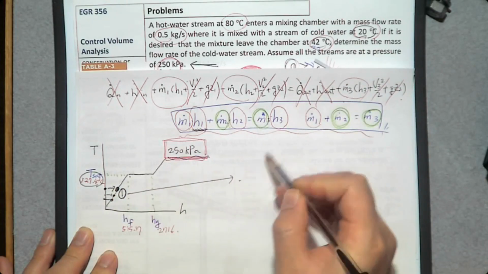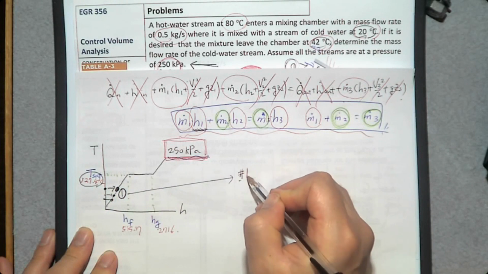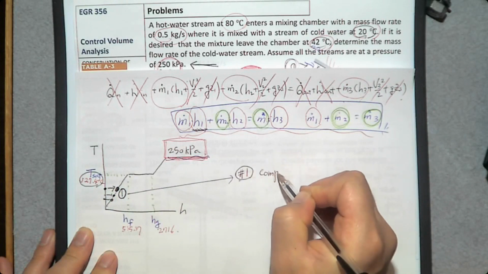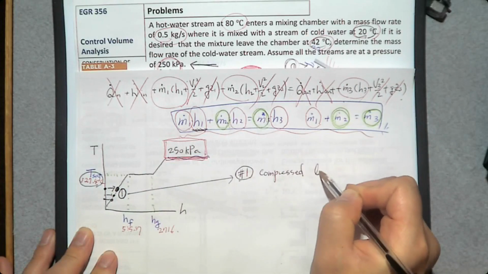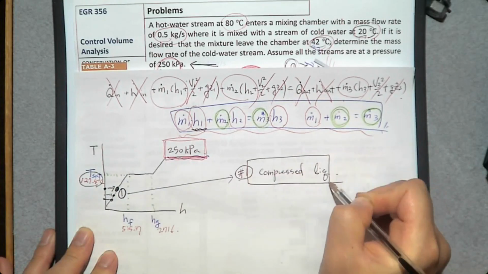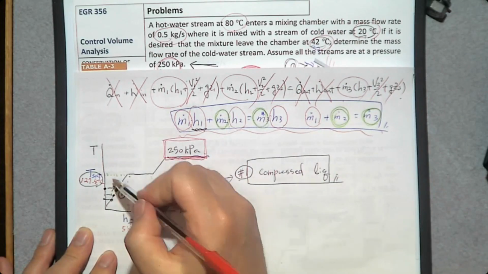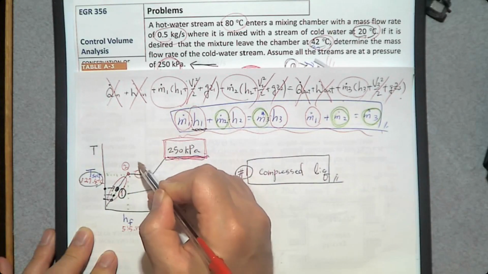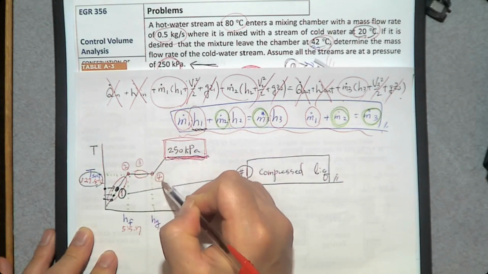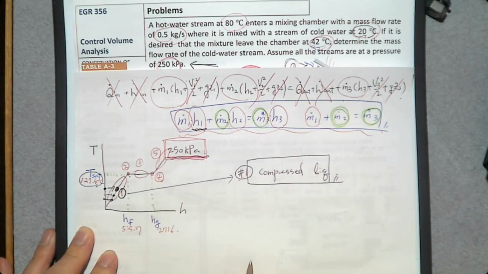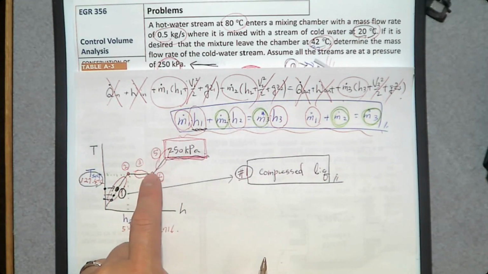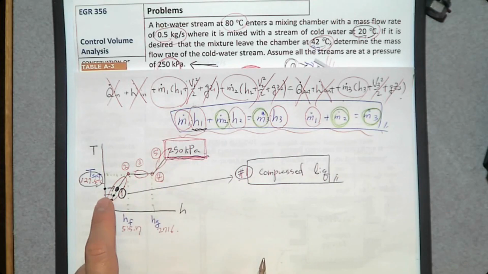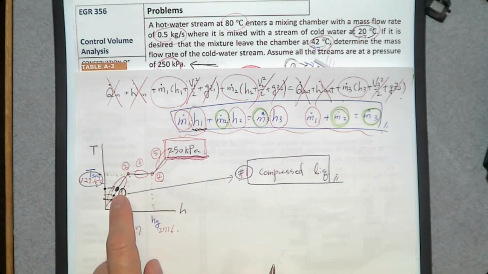So it is phase change process number 1, compressed liquid. By the way, we all know this is number 1, this point is number 2, here is number 3, this one is number 4, and here we have number 5. So we have 5 phase change processes.